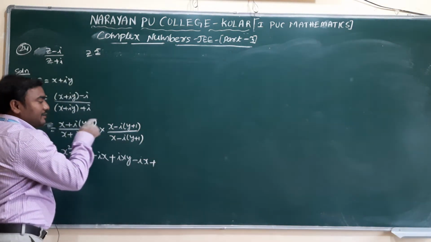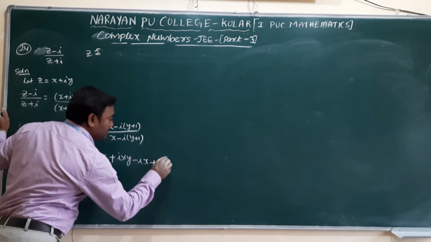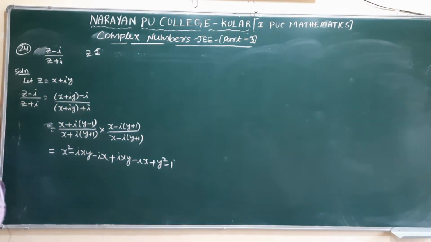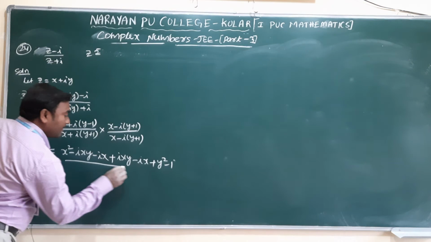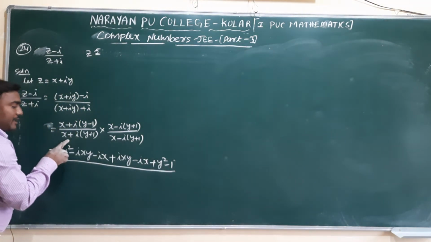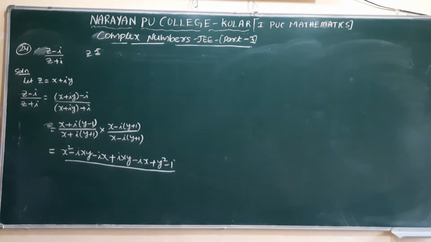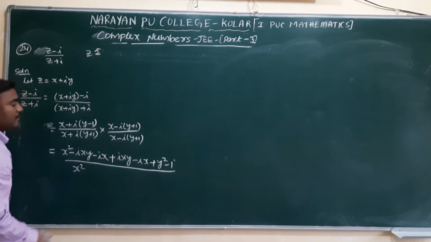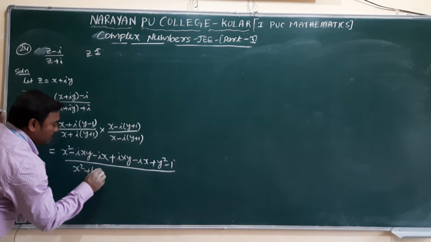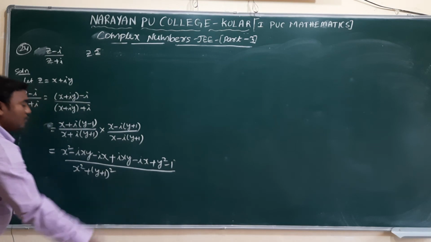So y minus 1 into y plus 1, we directly write y square minus 1 square, value 1, divided by a plus b into a minus b, that is x square plus (y plus 1) whole square.